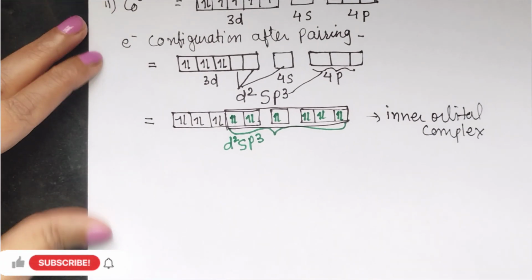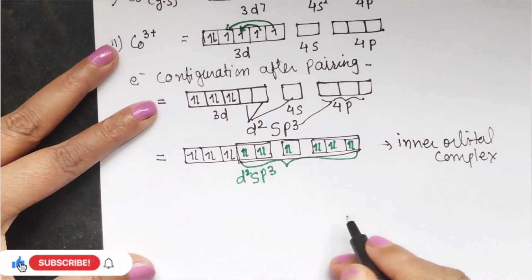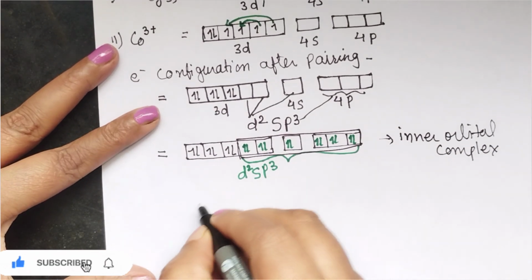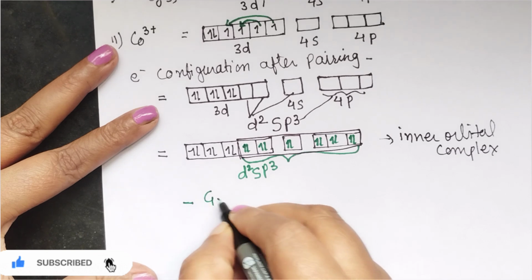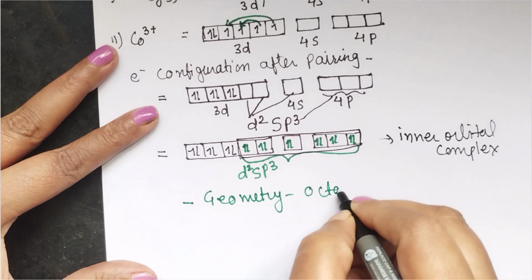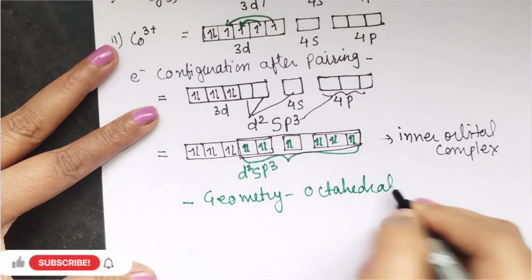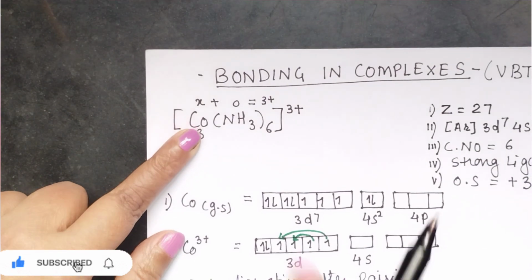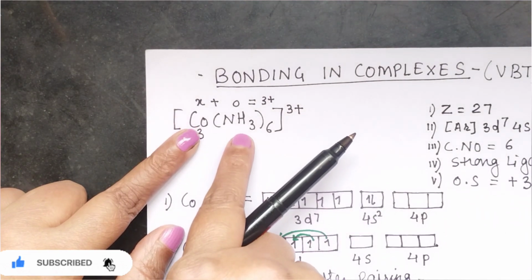So let us see some of the properties now. The geometry here for d2sp3 is octahedral. Now what will be the structure of octahedral, students? For octahedral, the metal ion is surrounded by 6 ligands.